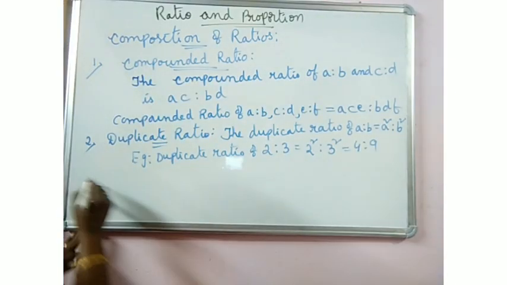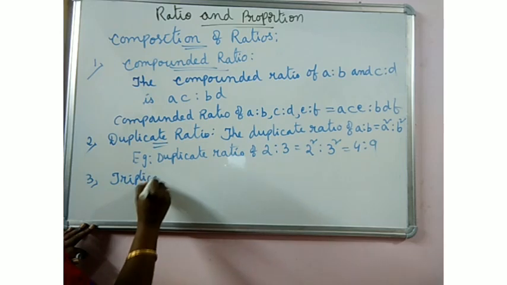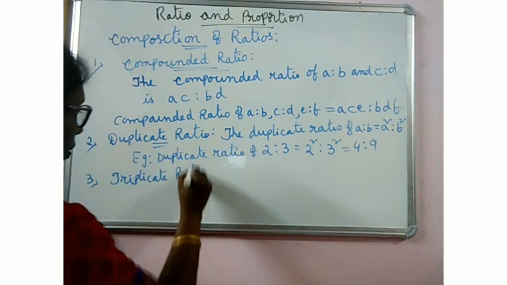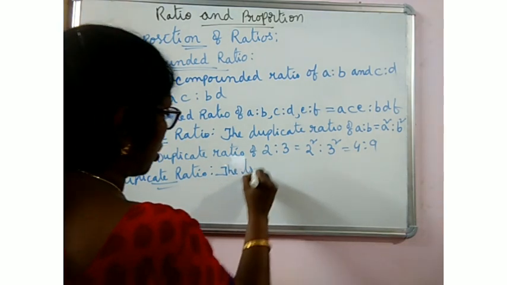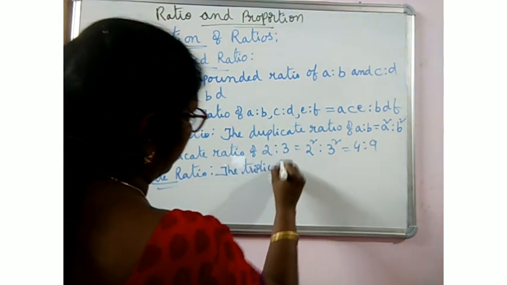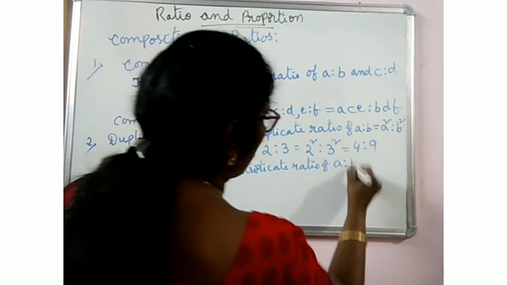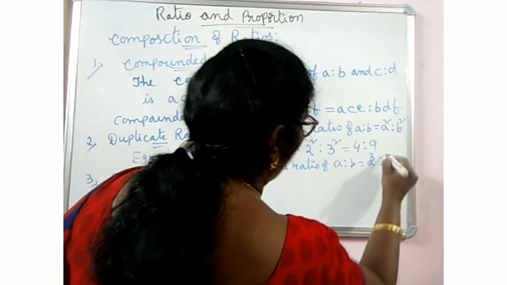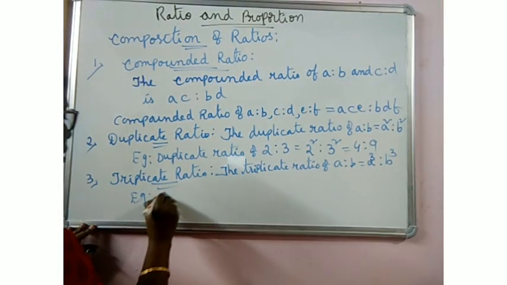Similarly, what is triplicate ratio? Duplicate means square, triplicate means cube. Okay. The triplicate ratio of A is to B is A cube is to B cube. Let me give you an example.